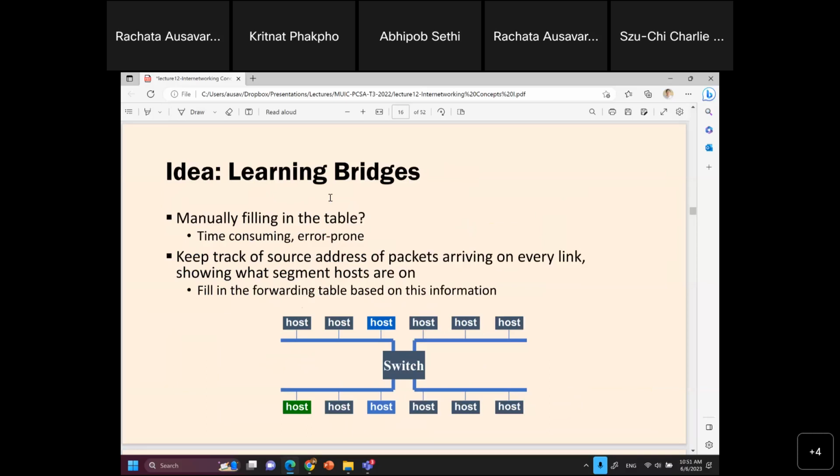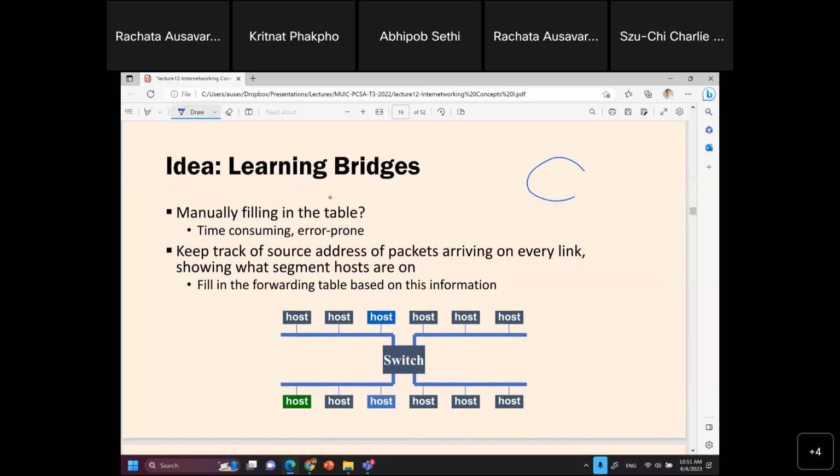So the learning table basically looks at where the packet has been. Because that information is known, the packet will have that. I have the source, right? Definitely I know where my source is. And because it arrived at this location, it means that that's a path between the source and me.